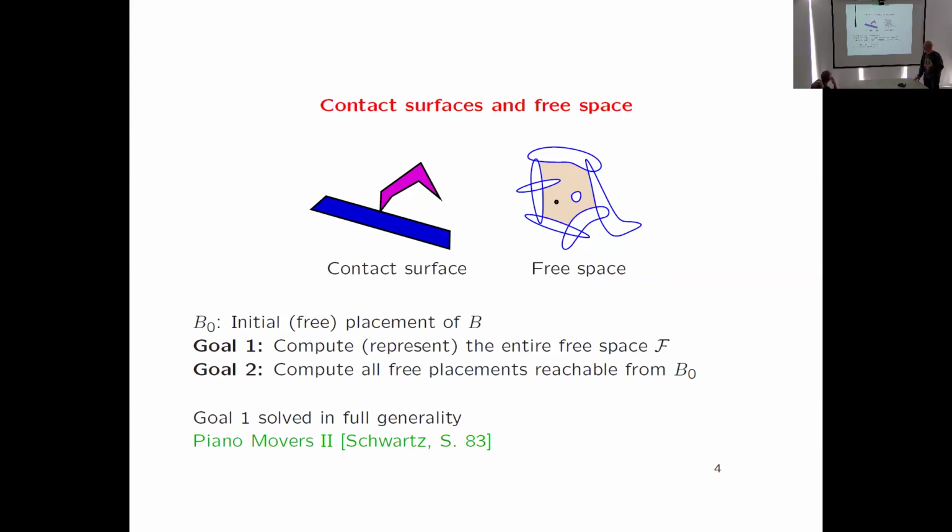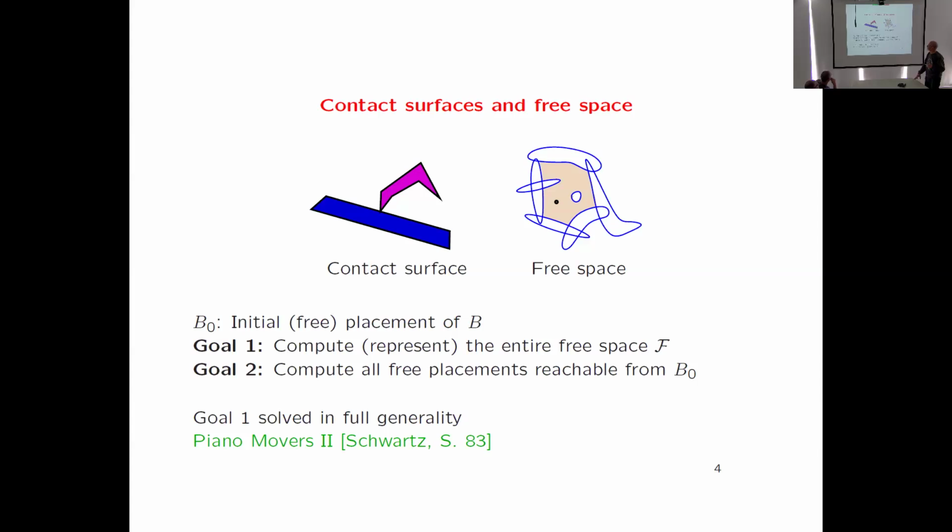So there are 2 questions to ask. One is to compute the entire free space, and one is to compute just the portion of free space consisting of placements that you can reach from your start position, which is presumably a smaller subset of the free space. So you can see how a contact surface looks.